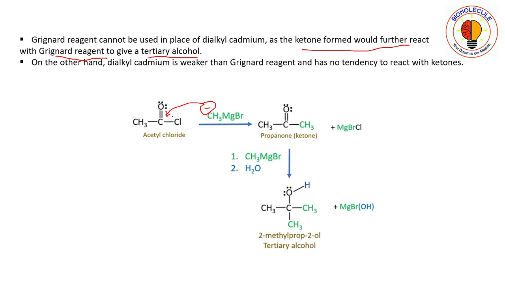I'm telling you in short, I'm not going into the mechanism part. So this CH3 will attack and chloride will leave, so you are getting propanone. Now again, there are many molecules of Grignard reagent present in the reaction mixture. So this Grignard reagent will further go and attack this carbonyl carbon and this will open up, and now it will bear a negative charge and coordinate with MgBr. So now this is the situation, C-OMgBr.